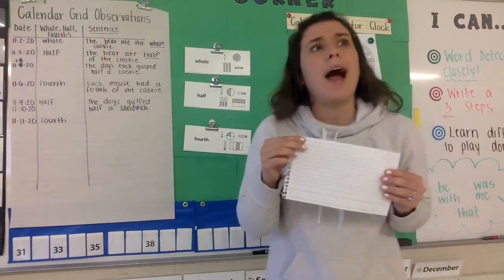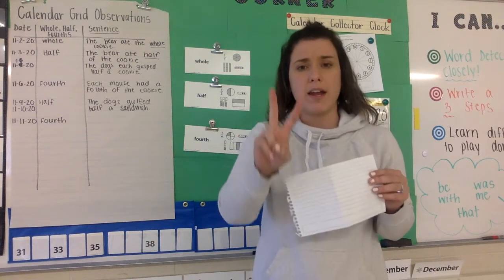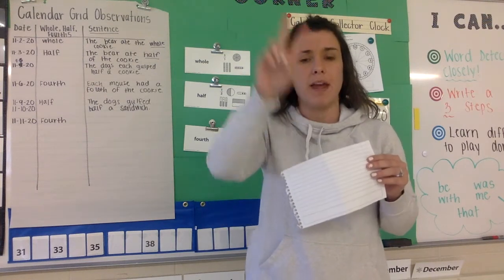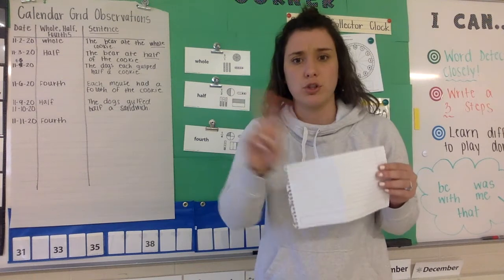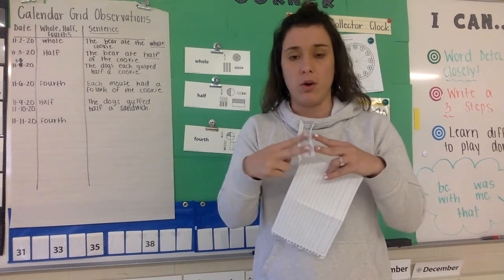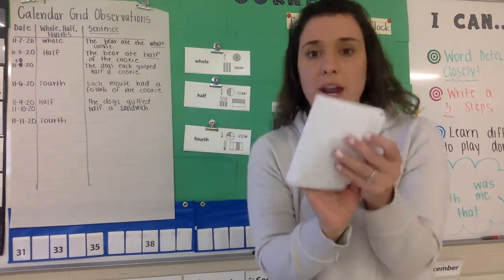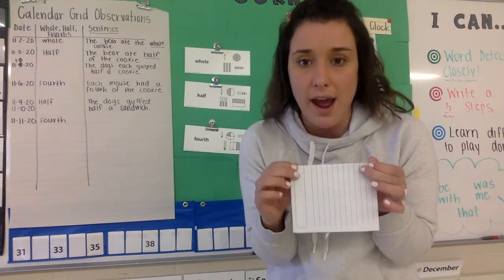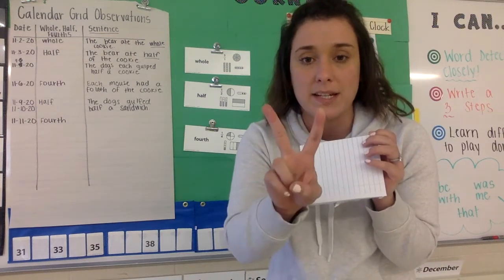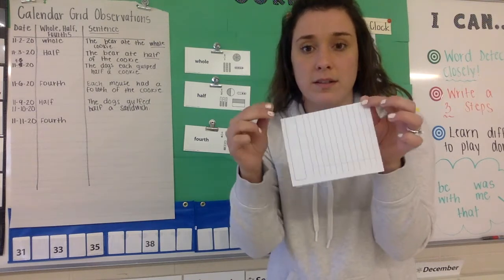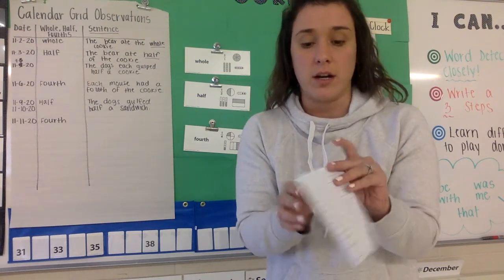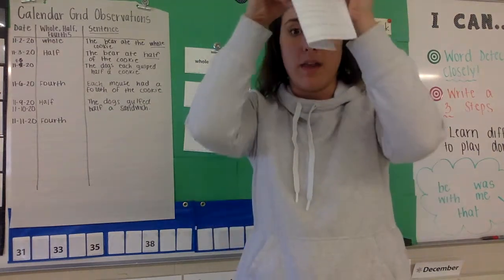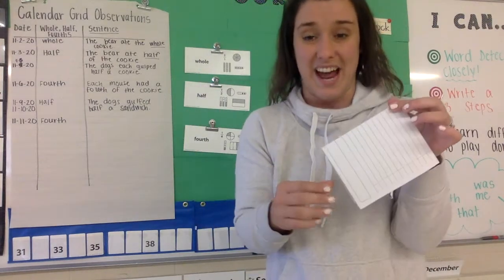I know I need 4. And if I have 2, I can double it to make 4. 2 and 2 is 4. That's a double. So then I put it in half again, because when you divide something in half, it makes 2 parts. So I started with a half, and then I folded it again in half.